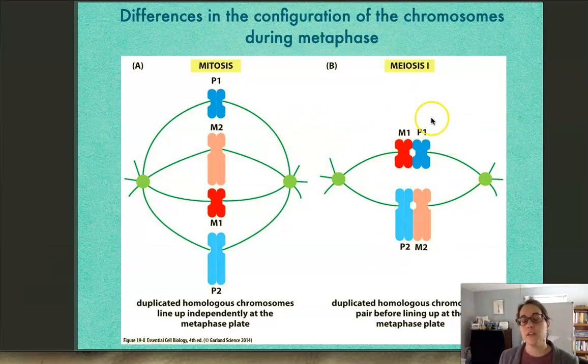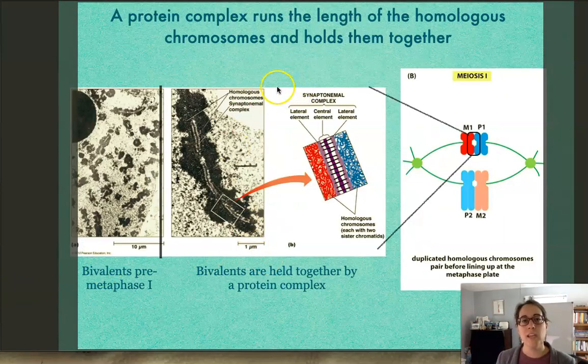So this layout allows for something called crossing over, which I just mentioned. During crossing over, there is the actual physical exchange of DNA between chromosomes. Again, we're just dealing with chromosome 1 lining up with other versions of chromosome 1.